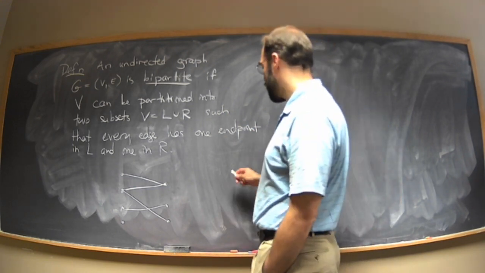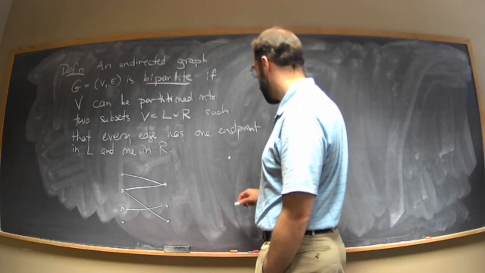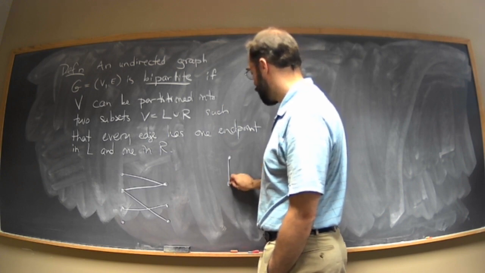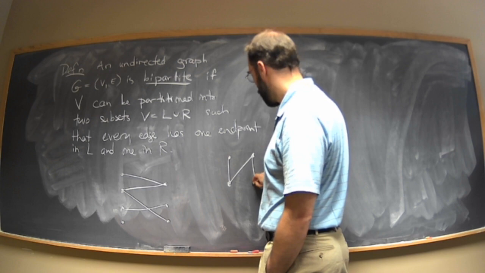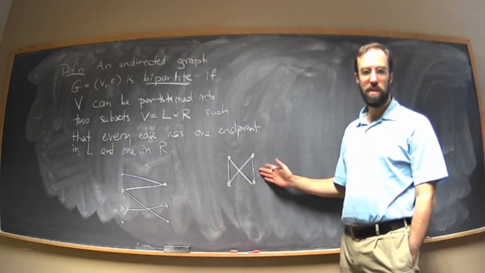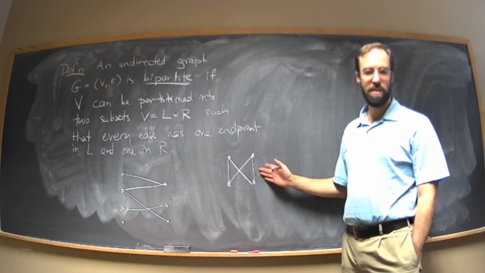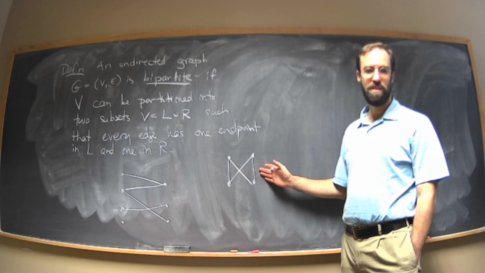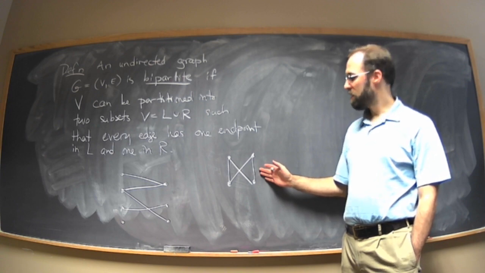So, as a very simple example, I don't know, if I drew it like this, the way I've drawn this, it doesn't really look very bipartite, but I claim it actually is. I'll let you think about that in your groups.